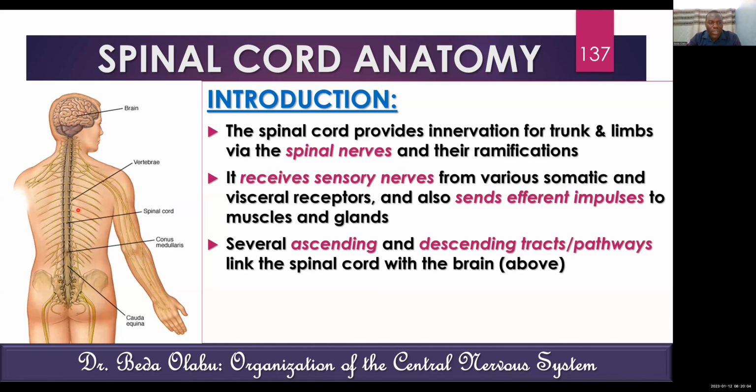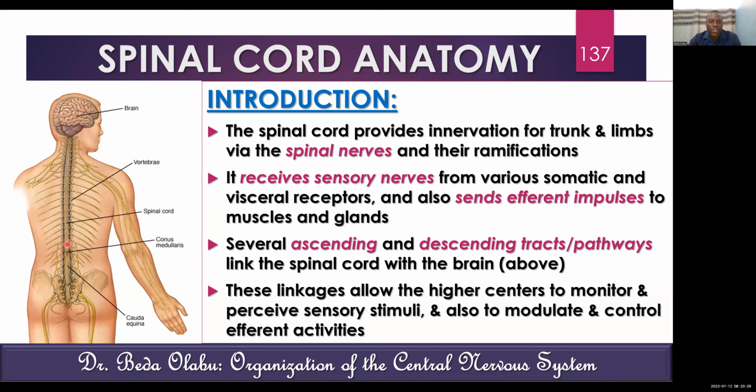And so there are several ascending tracts carrying sensory information to the brain. But there are also several descending tracts. The descending tracts are the axons that relay impulses from above downward to the spinal cord. The descending tracts will tend to have motor functions, while the ascending tracts will tend to have sensory functions.